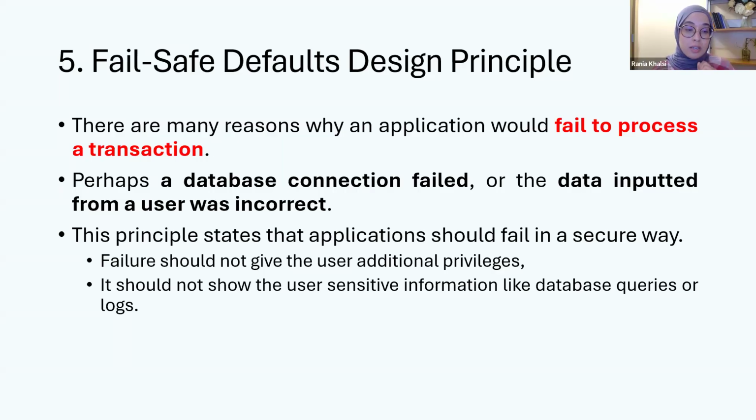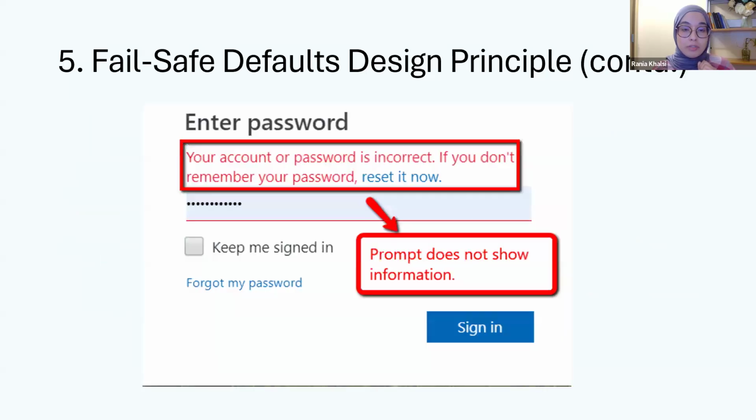And here we have just an example in this image. It shows a simple but very good example of fail-safe defaults. We see this fifth principle in action. Let's imagine a user tries to enter an incorrect password.